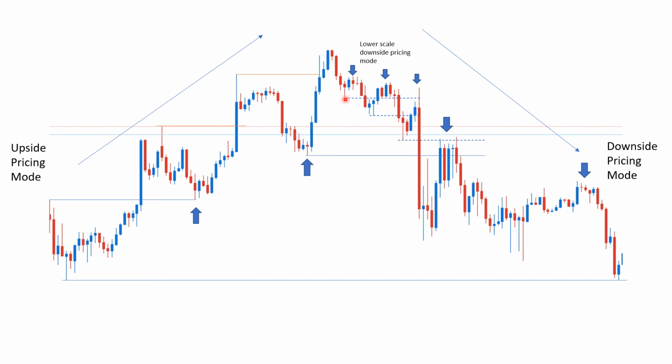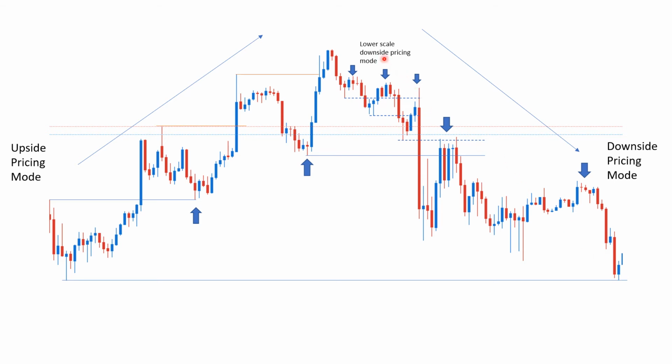We have a low, a high, a lower low, a lower high, a lower low, and a lower high. Exactly the same pattern that's happening in this entire scale, where we have a lower high, lower low, lower high, lower low, lower high, lower low.